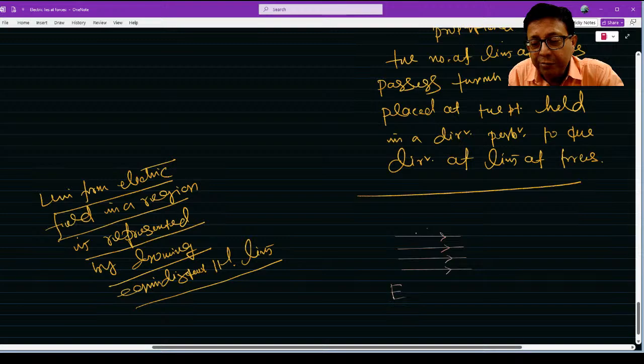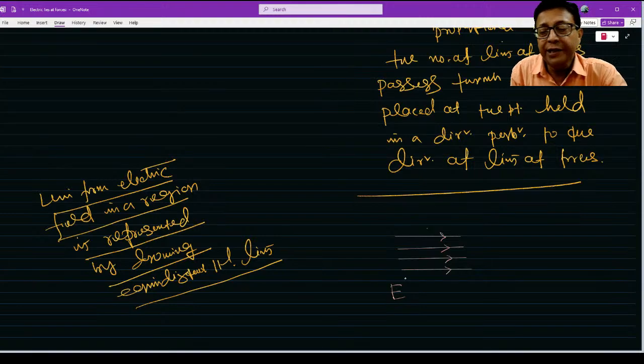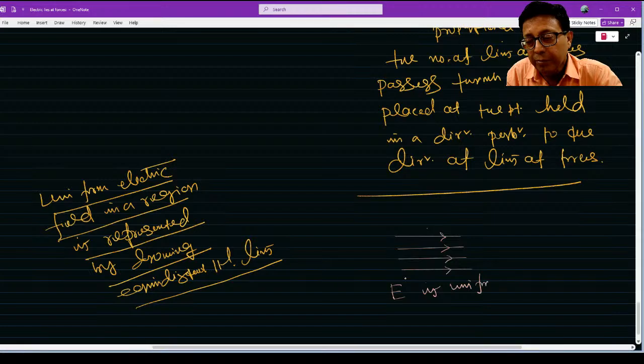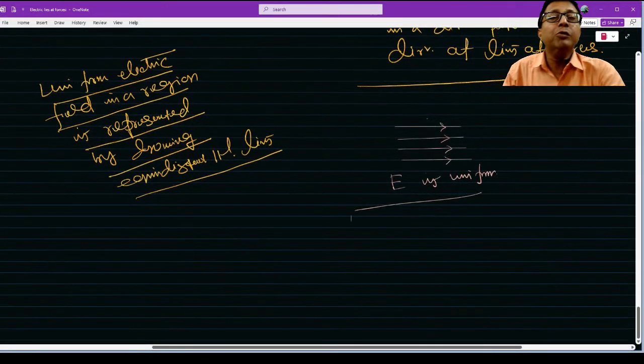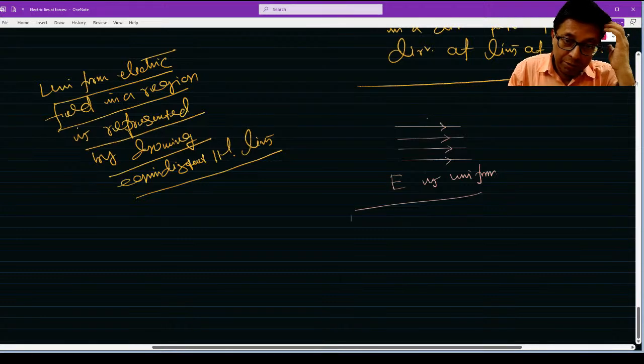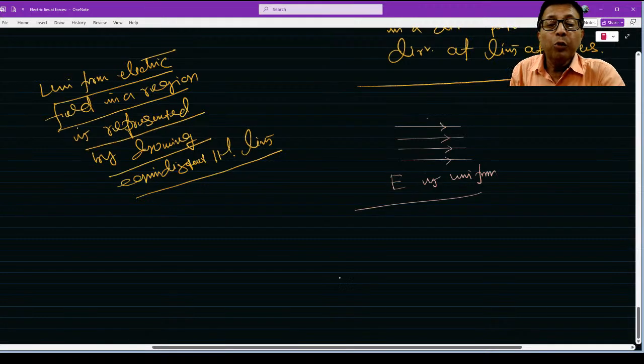This field E is uniform. But how do you produce uniform electric field in a region? We haven't done capacitor, but I'm just telling you in terms of surface charge distribution.